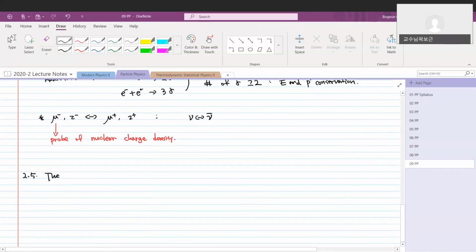So I already said that massive particles are unstable. Instability of the heavy leptons.